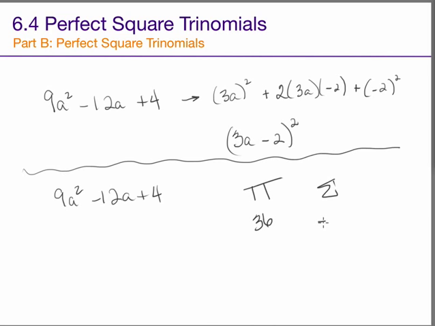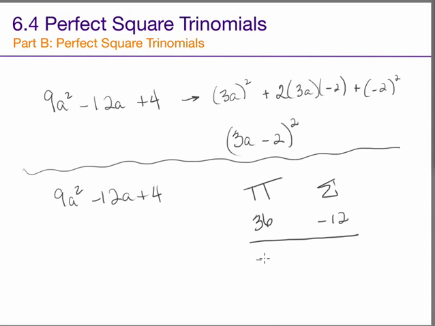My sum is negative 12. Notice that since my sum is negative, I'm either going to need a larger negative number than a positive number, or two negative numbers. My product is positive, so I'm going to have to use two negative numbers.